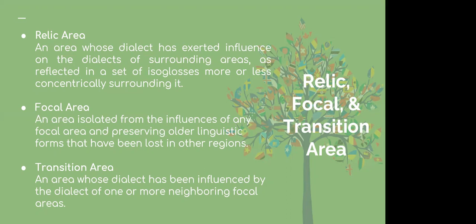It is an area isolated from influences of any other area and preserving linguistic forms that have been lost in other regions. Then also the transition area, and it is an area whose dialect has been influenced by the dialect of one or more neighboring focal areas.